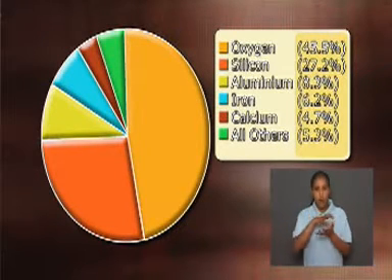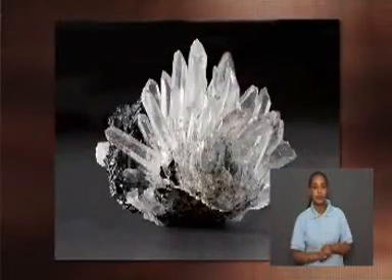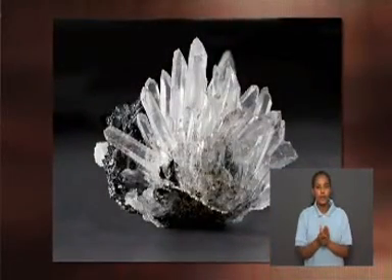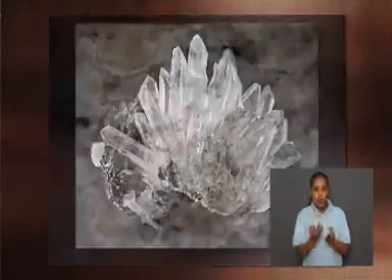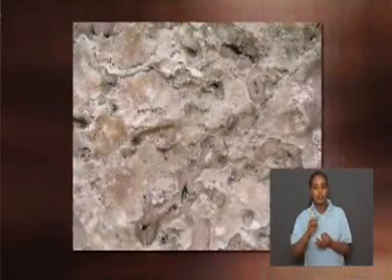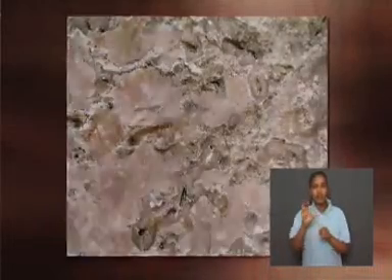These compounds contain silicate ions. For example, quartz is a pure crystalline form of silica, and flint is a hard, non-crystalline form.